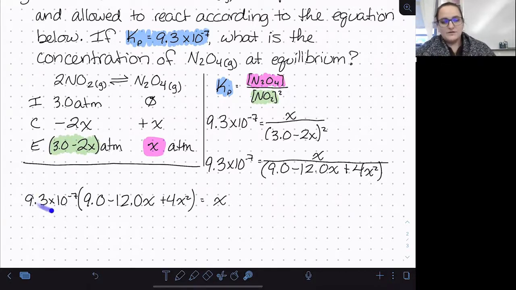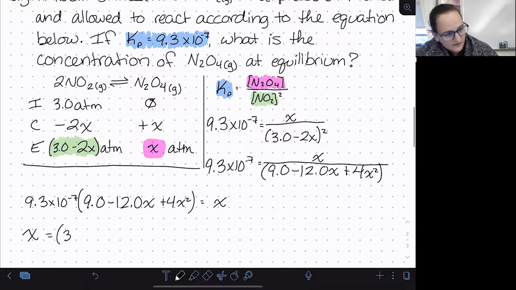Now we need to distribute this to the three terms in here.